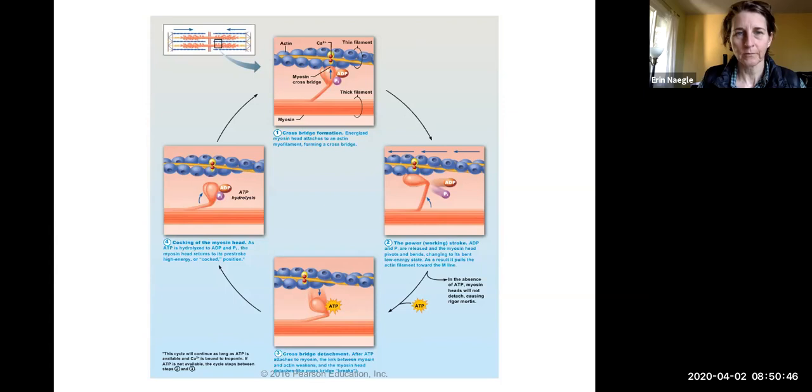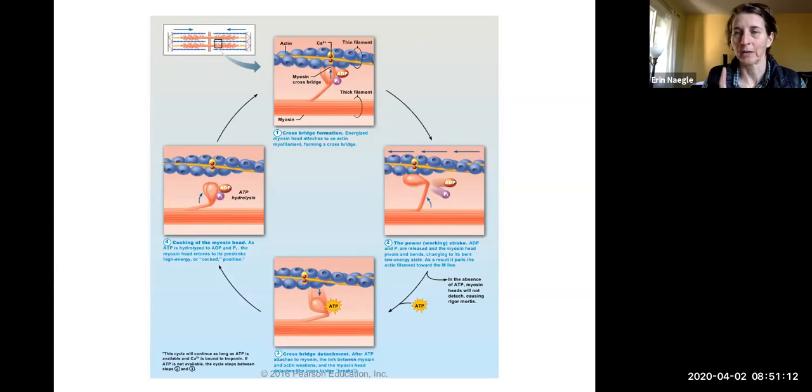So when it is bound to that actin, it's still bound to the ADP and phosphate. Removal of that ADP and phosphate allows for that power stroke. And then once that power stroke has happened, that myosin head is going to stay bound to that actin.